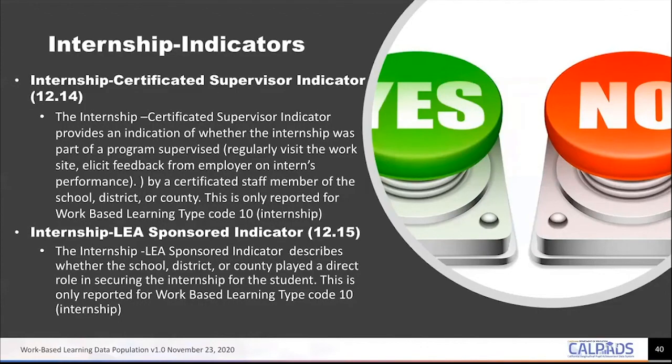Supervised can be described as a certificated staff member closely monitoring the student throughout the internship. Example of that would be regularly visit the work site, elicit feedback from employer on interns' performance, etc.